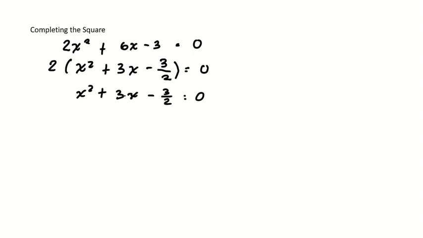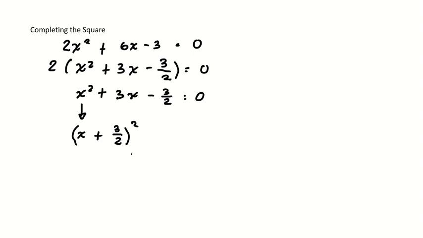Okay? And we can go back to the steps we did last time. So what we do is we get the square root of x squared, and that is x. Divide this by 2x, so that's positive 3 over 2, and close that in parentheses.